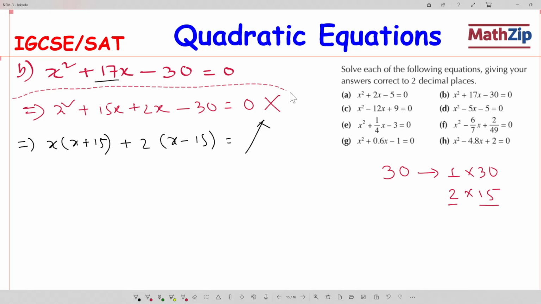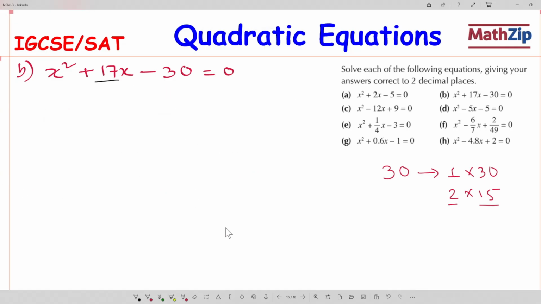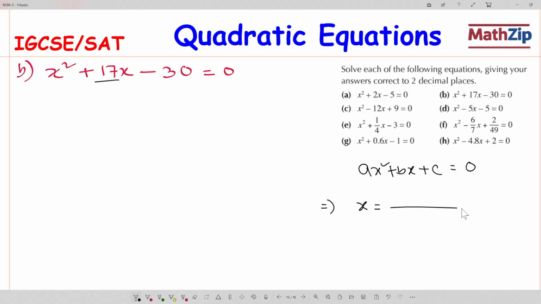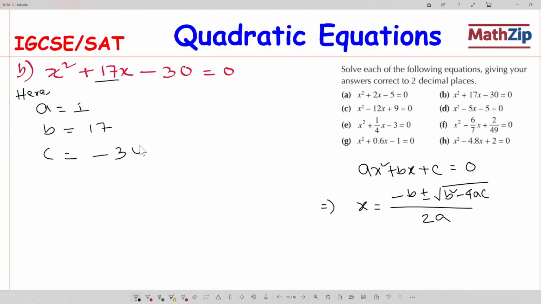Now let's try to find the solution another way. We know ax square plus bx plus c equals 0 is a quadratic equation, and x equals what? Minus b plus minus root over b square minus 4ac, divide 2a. So in this scenario, here a equals 1, b equals 17 and c equals minus 30.